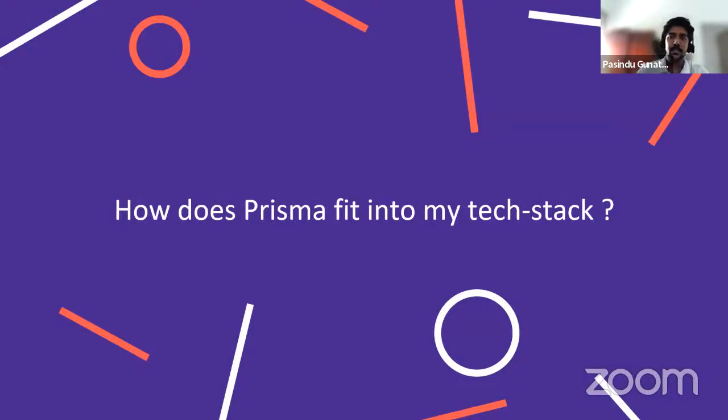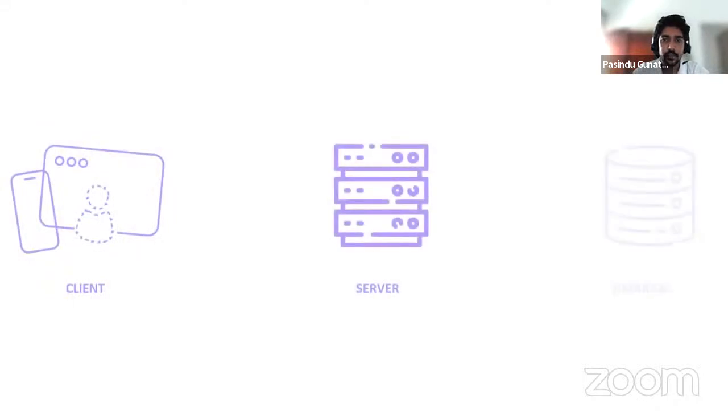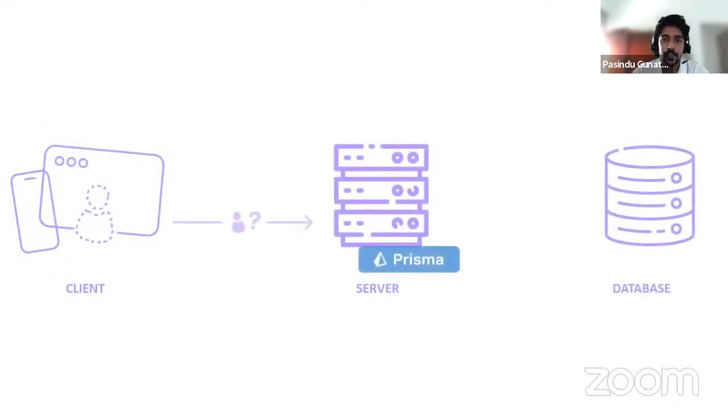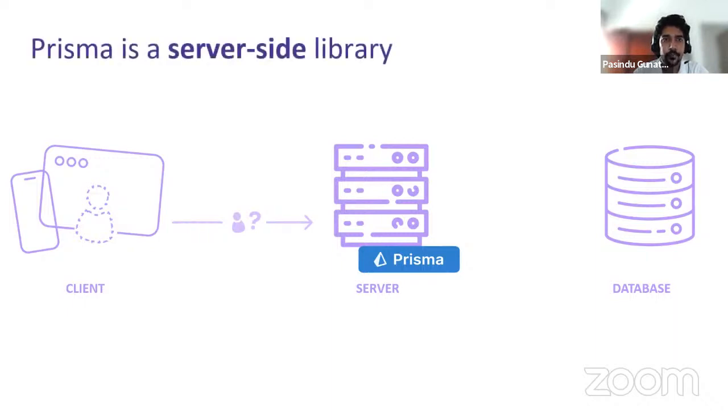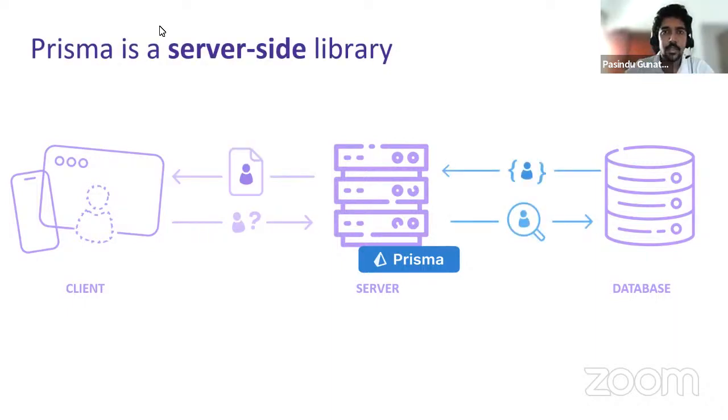So how exactly will Prisma fit into the tech stack? In a traditional client-server architecture, Prisma will exist in the server as a library that will help you to access the database. Okay, so we were at a point where we were discussing where exactly Prisma is going to fit into the tech stack.